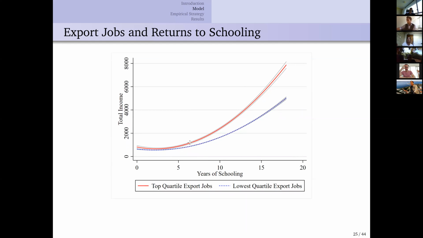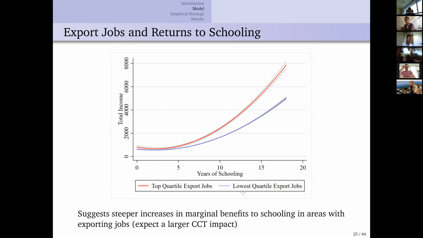And you can actually see here, again, there are big endogeneity issues. This is purely descriptive, but they suggest steeper increases in the marginal benefits, so a larger second derivative in areas with exporting jobs. This would lead us to expect a larger CCT impact.